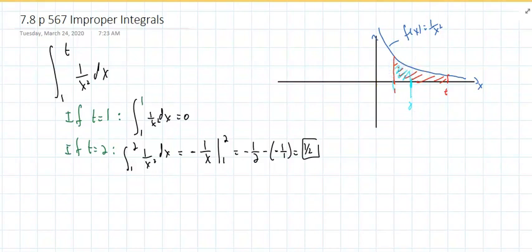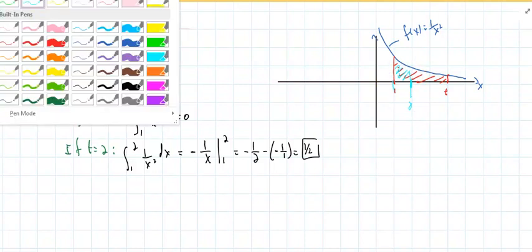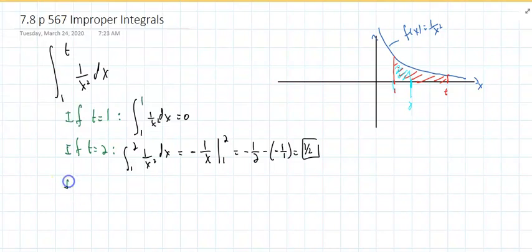If I am to look at t equaling, let's say, 10, then I'm looking at the integral from 1 to 10 of 1 over x squared dx. And that would be negative 1 over x evaluated from 1 to 10. By the way, I forgot to mention, that's x to the negative 2 dx.